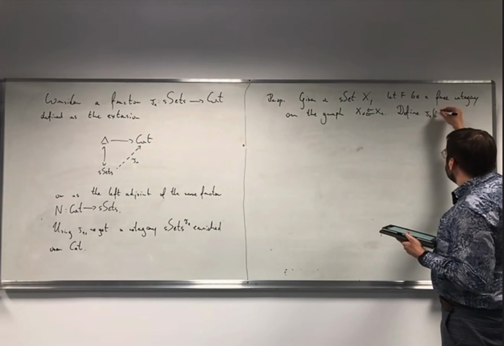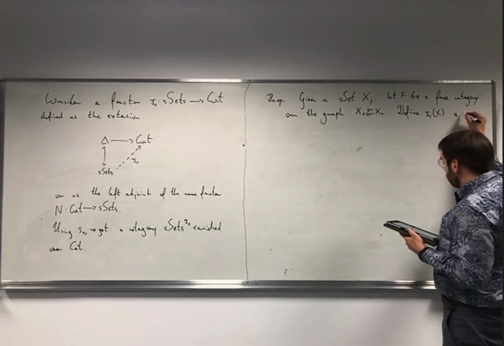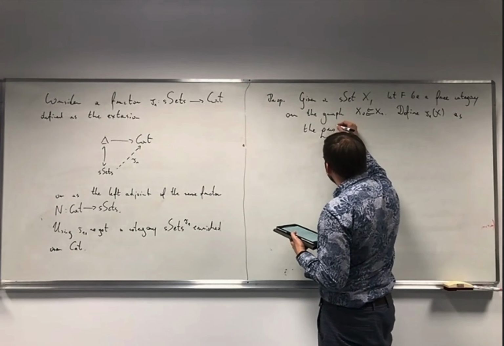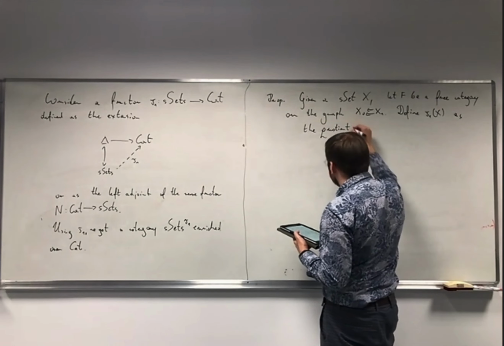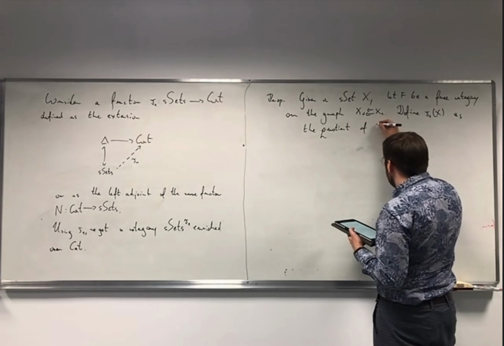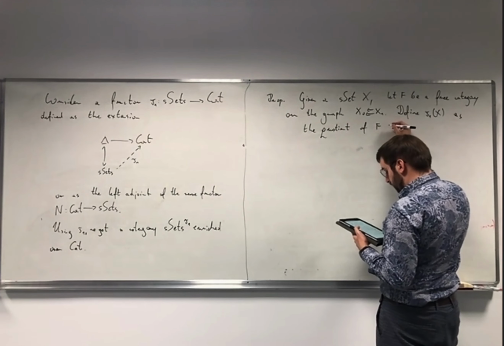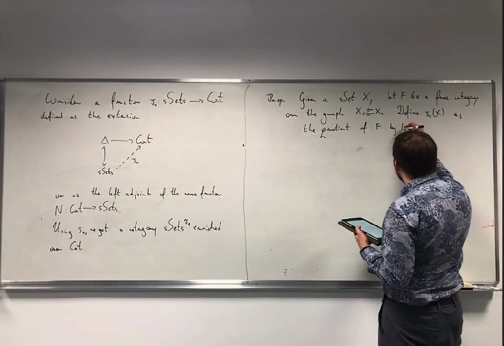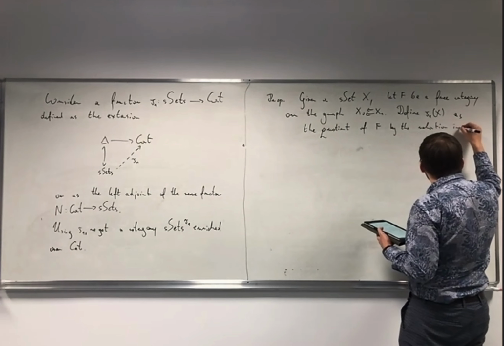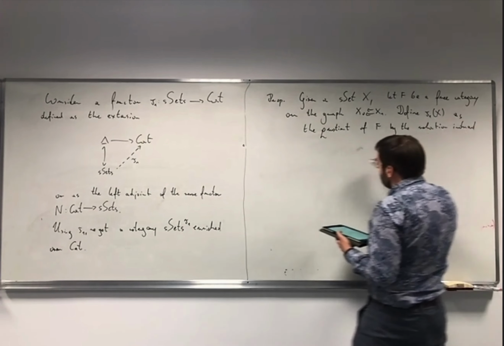But then we define tau_1 of X as the quotient of F by the relation induced by the following.